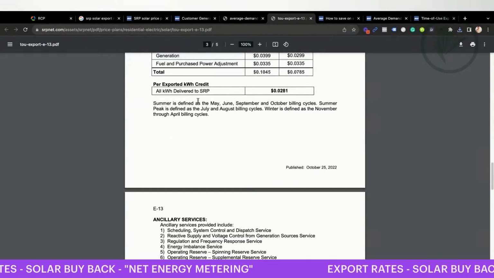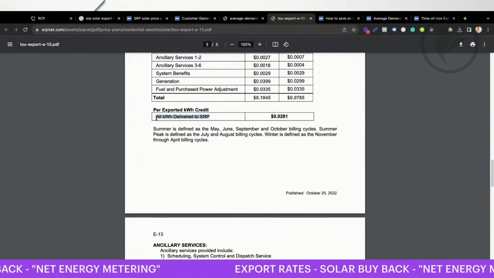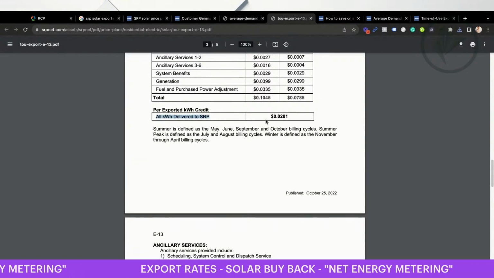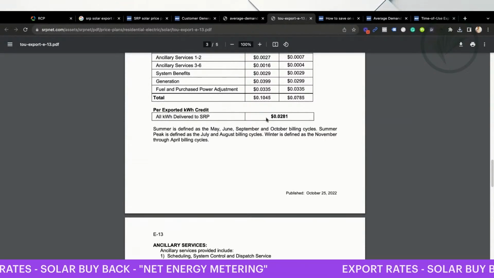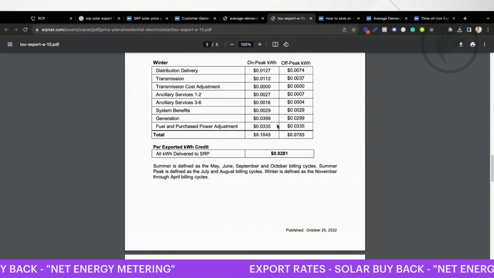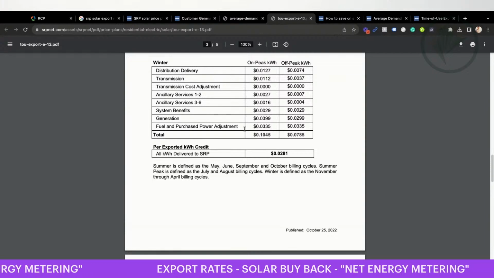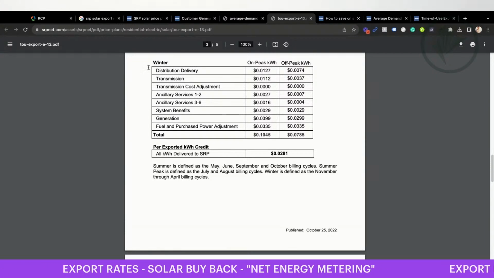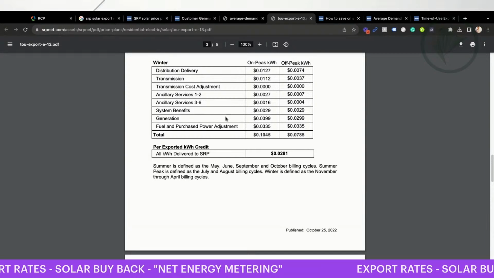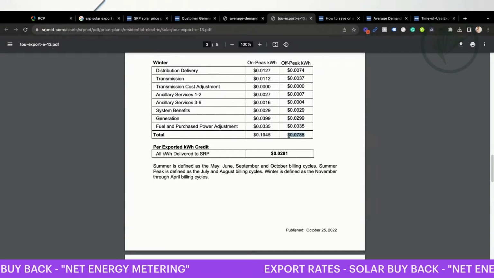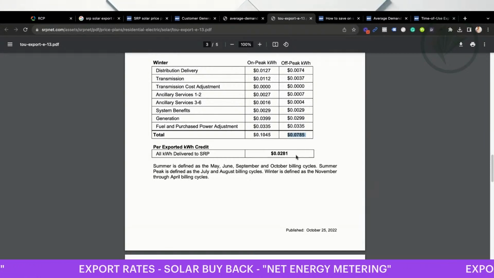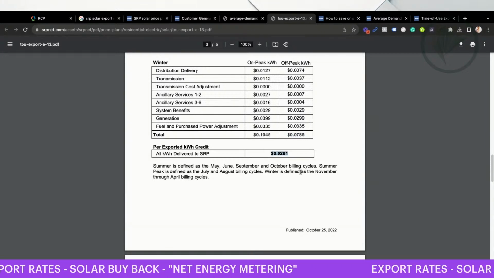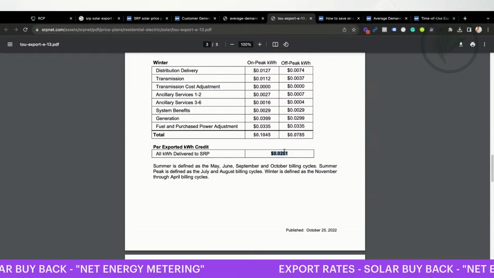And here we go. Everything delivered to SRP is not a credit for credit. It's 2.81 pennies. Now let's break that down. Even on your saddest, coldest winter day where power's the cheapest, you're buying it at 7.85 cents a kilowatt hour. With this situation, you were selling it at 2 cents.